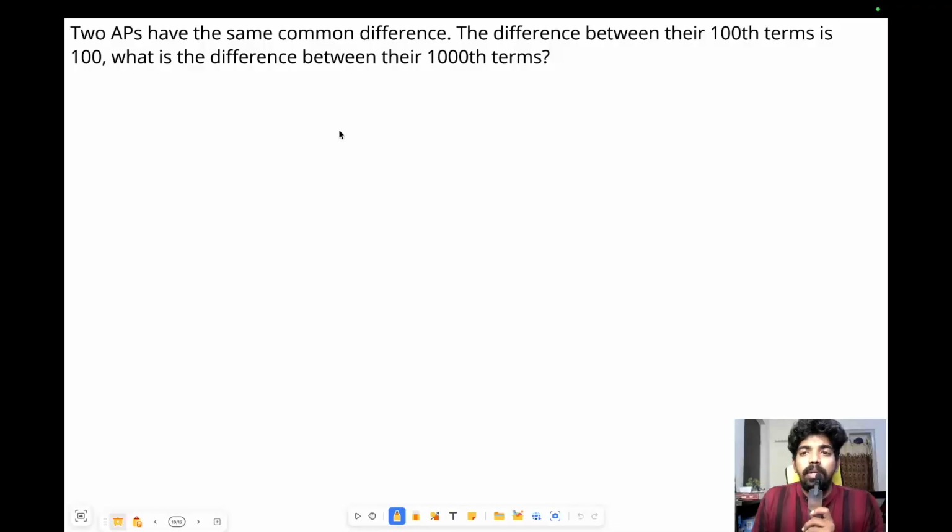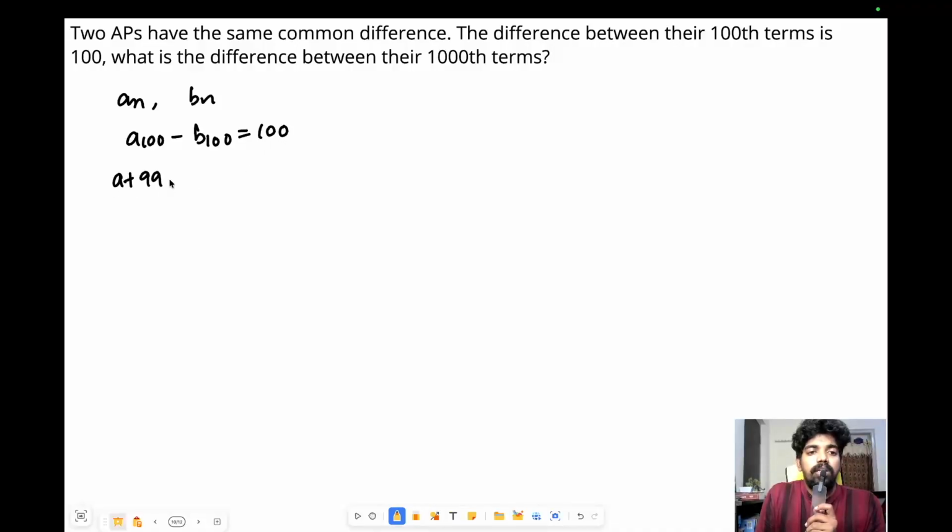The difference between their 100th terms. So let me take the two APs as An and Bn. The difference between their 100th terms is 100, so A100 minus B100 is equal to 100. A100 can be written as a plus 99d, within brackets because of subtraction, and B100 is b plus 99d, is equal to 100.